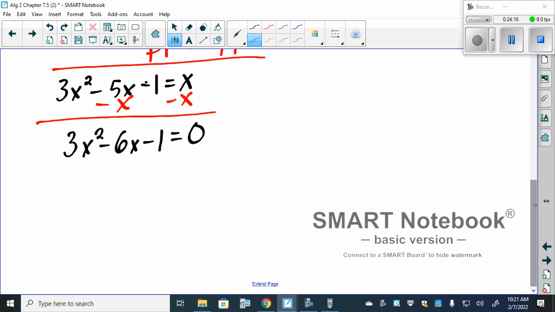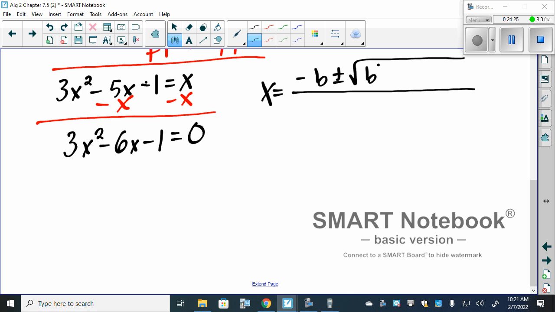So here we can't factor it, but we can still use the quadratic formula. Because factoring does work as long as we have whole number or rational solutions. If it's not a whole number or rational solution, factoring doesn't work. So we have to go back to the quadratic formula.